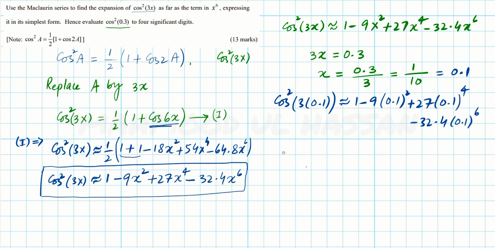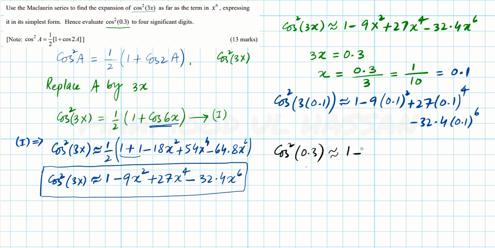Okay, so on the left side it would become cos squared 0.3, that is approximately equal to 1 minus 0.1 squared. Let me calculate it, and then multiplied by 9.